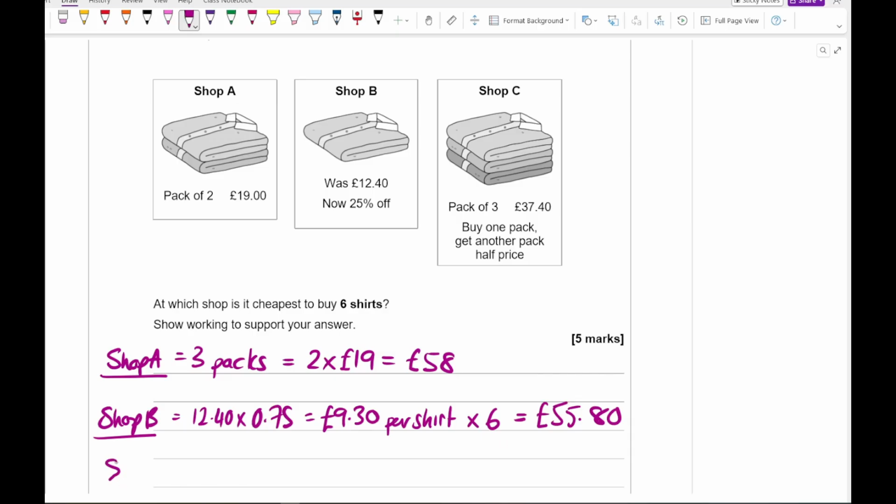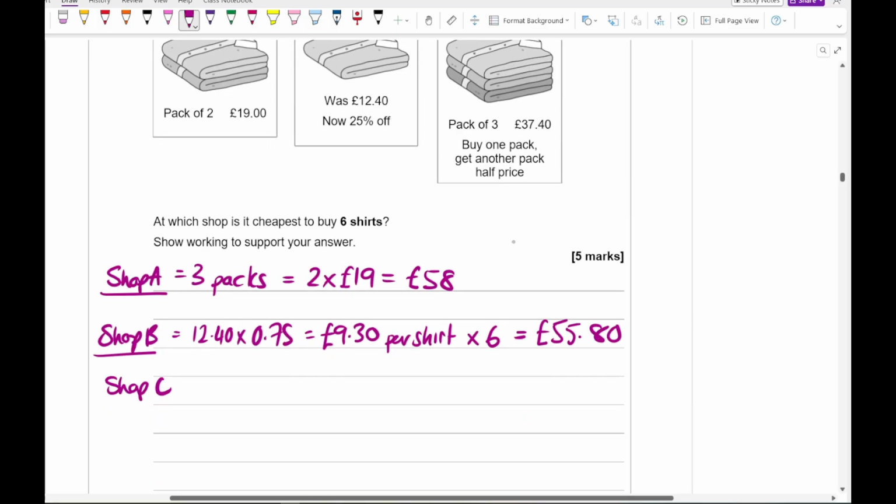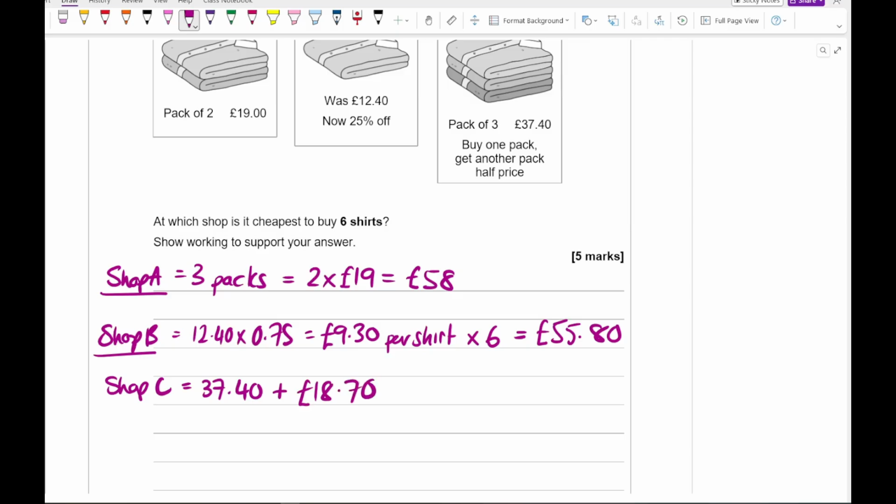And then working with shop C, it says buy 3 packs for £37.40, buy one get one free. So for this, I'm going to buy 1 pack at £37.40, and I'm going to buy the second pack at half that price. So half of 37.4 divided by 2 is £18.70.